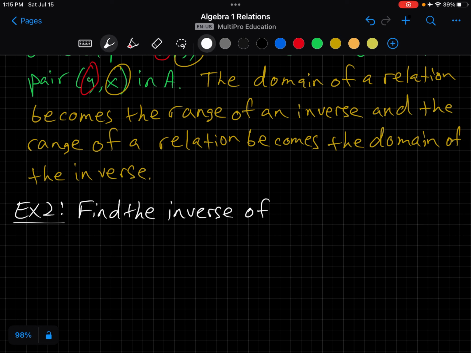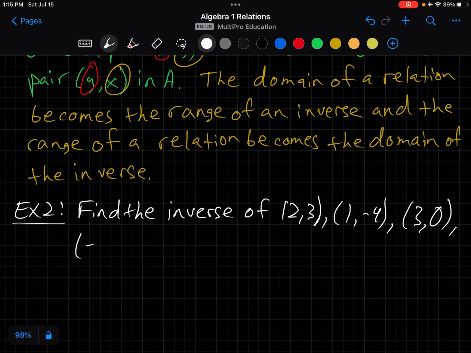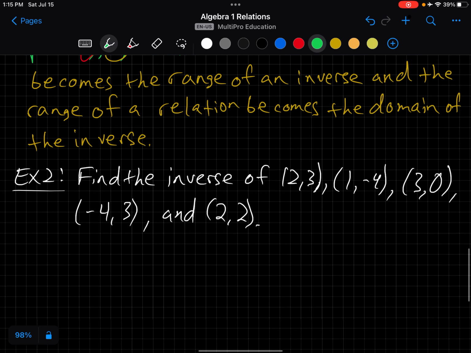Let me write this again. All right. 3, 2. 0, 3. 2, 3. 1, minus 4. 3, 0. Minus 4, 3. And 2, comma 2. All right.